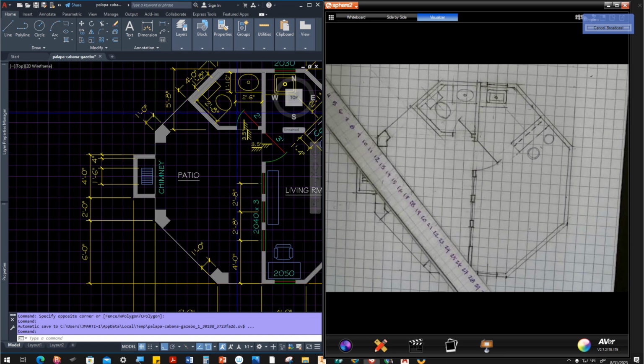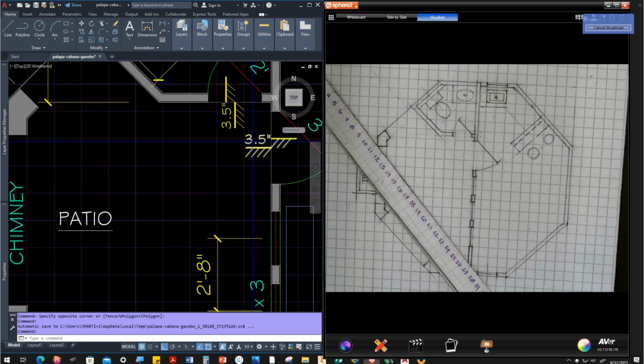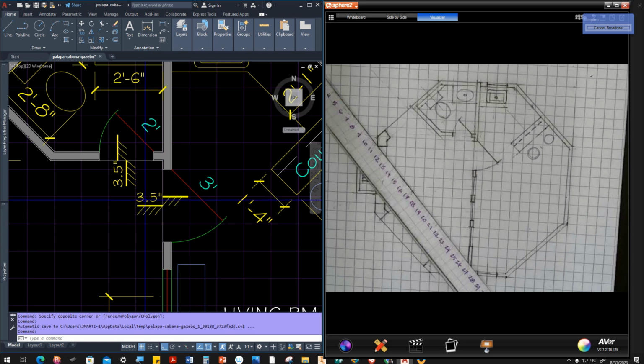This might not be necessary, but we're going to represent that this is higher also, one step above. How high? 3.5 inches.